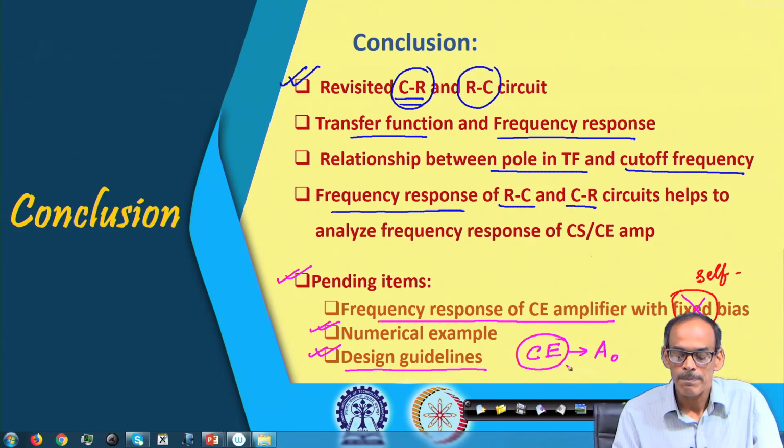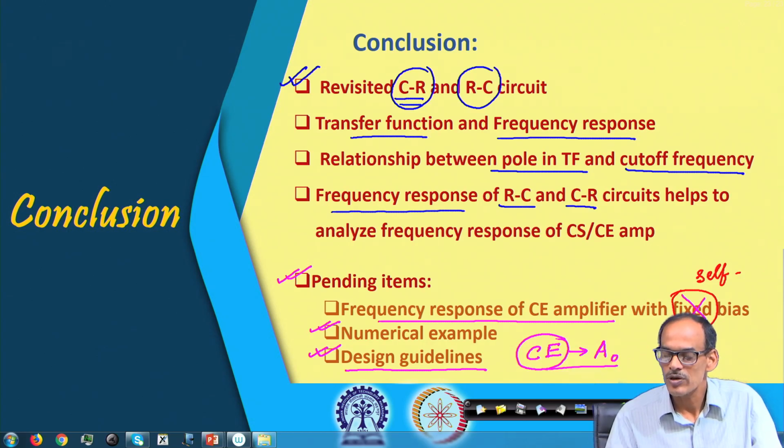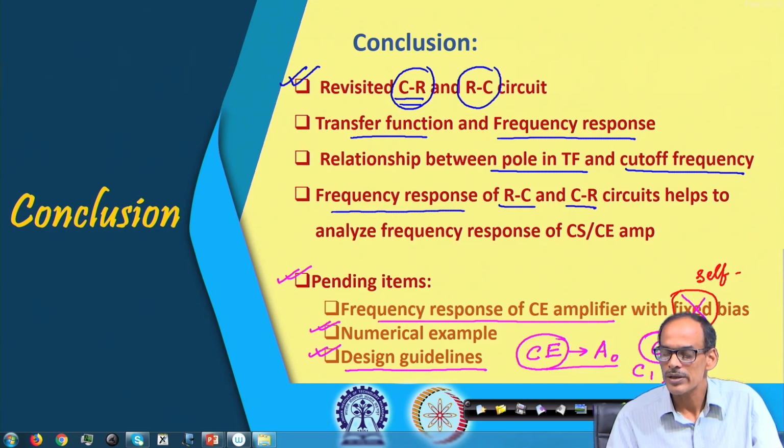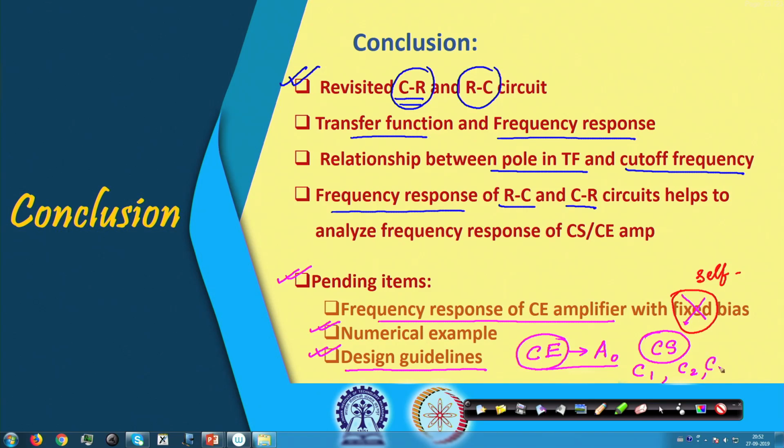Now, we would like to cover similar things for the common source amplifier. This thing we need to cover, and also the analysis of the frequency response of CE and CS amplifiers, and how it helps us select the coupling capacitors, namely C1, C2 and CE.